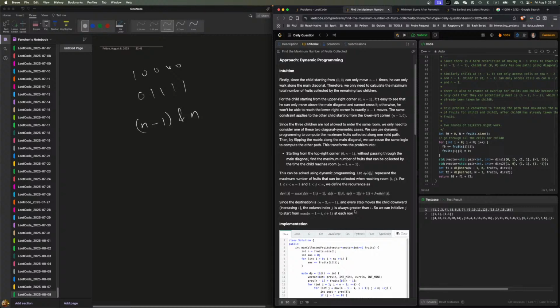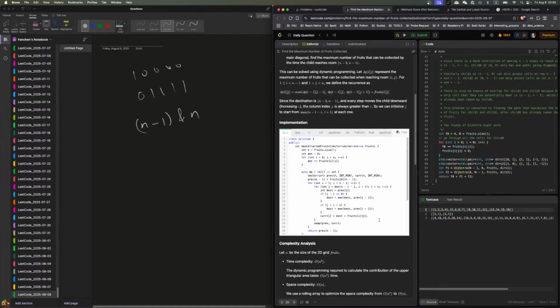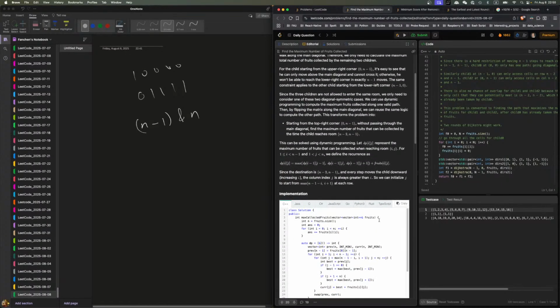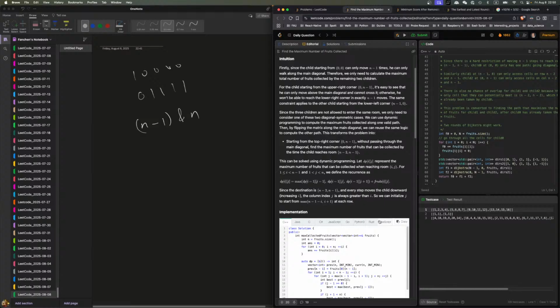n minus 1 minus I. I don't understand that part. I think that's a diagonal.